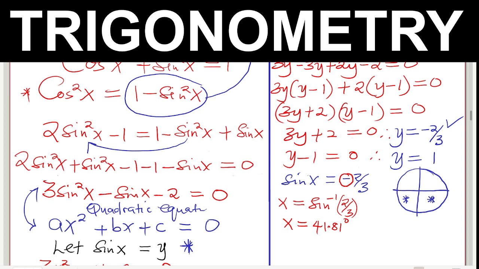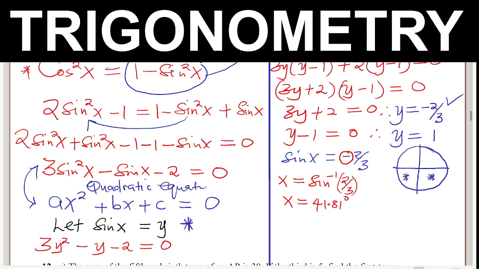So using this acute angle, how do we get the angle in the third quadrant? We simply take 180 degrees, because up to this point is 180, plus the acute angle 41.81 degrees. And this gives the required angle, 221.8 degrees.